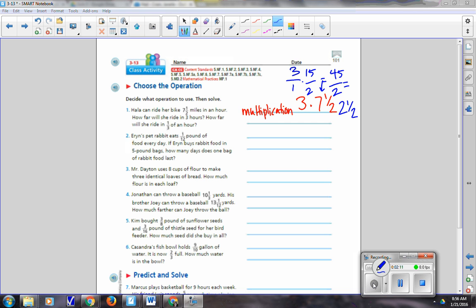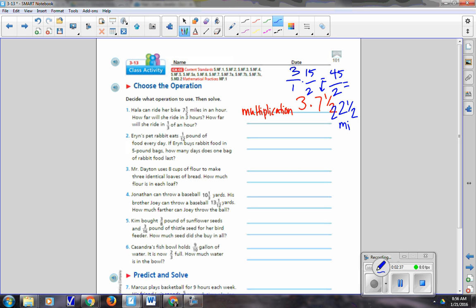So if I multiply across, I get 3 times 15 is 45, 2 times 1 is 2. I bring this back into a mixed number. In 3 hours, she's going to ride 22.5 miles, because 2 goes into 45 22 times with 1 remaining.